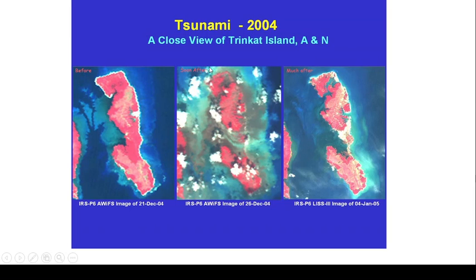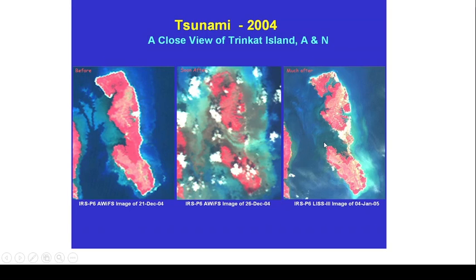You can see most of the area was covered by water. Here in this image you can see land, but here the whole area was covered by water. Similarly, in this area particularly, you can see a major change. You can't see any type of land over here. The whole area was covered by water.